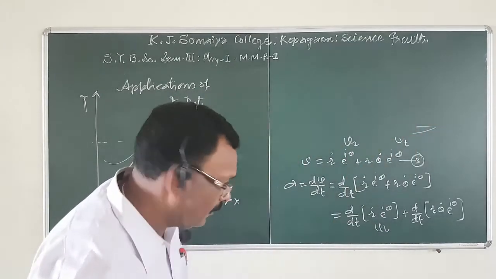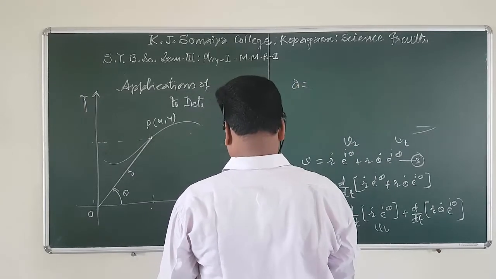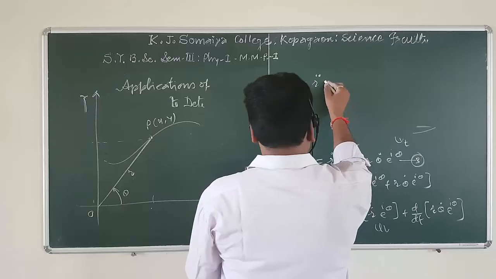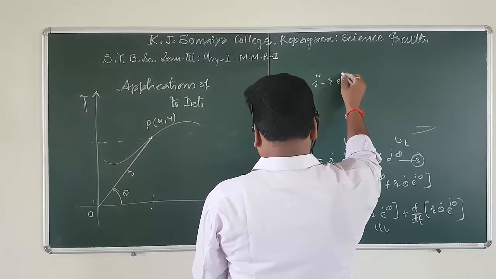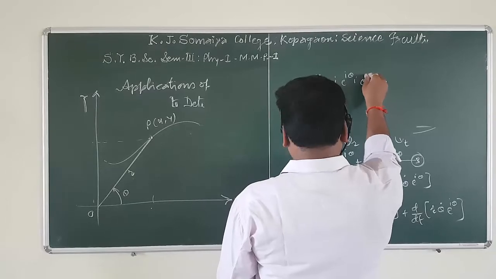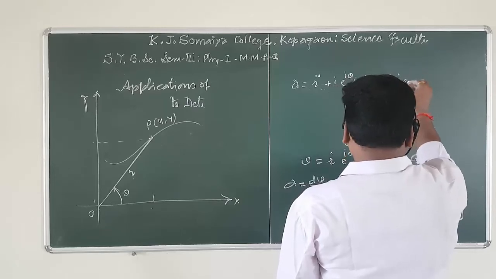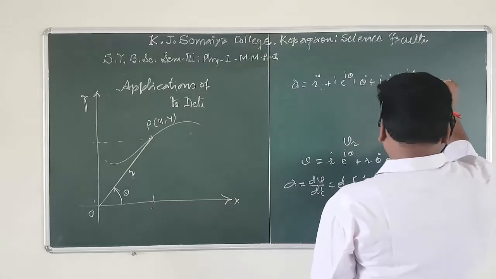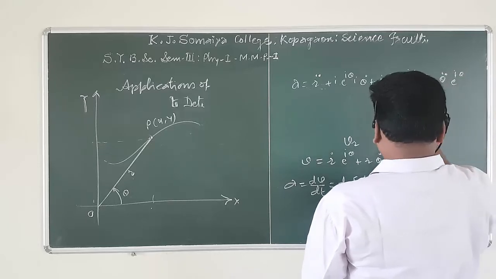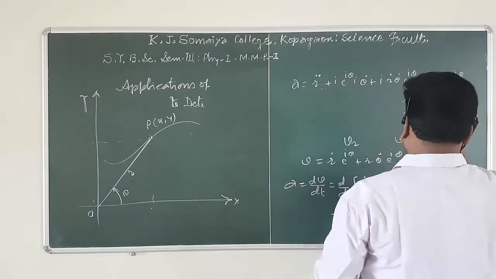the acceleration A is equal to simply r double dot e raised to i theta plus i r dot theta dot e raised to i theta, plus i r dot theta dot e raised to i theta plus i r theta double dot e raised to i theta plus i r theta dot e raised to i theta into i theta dot.